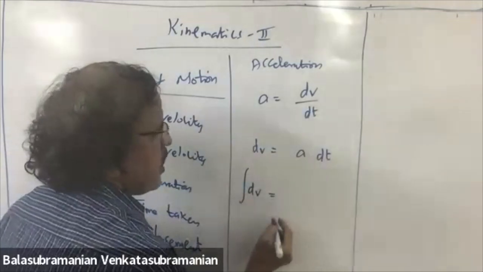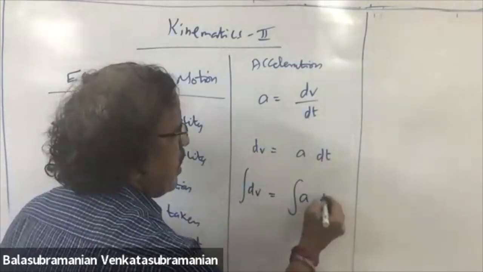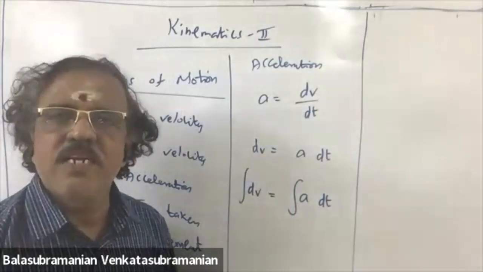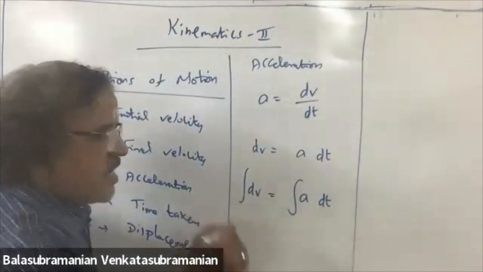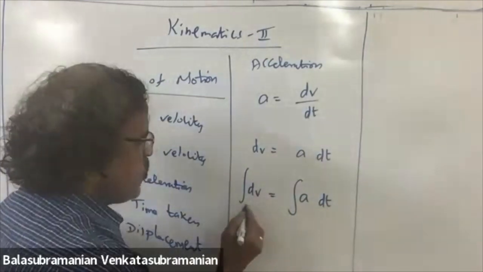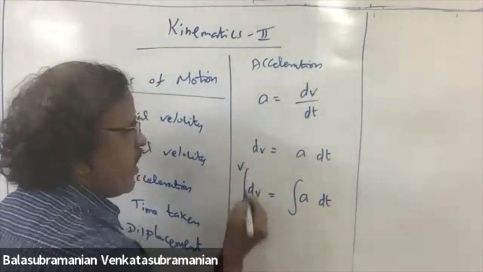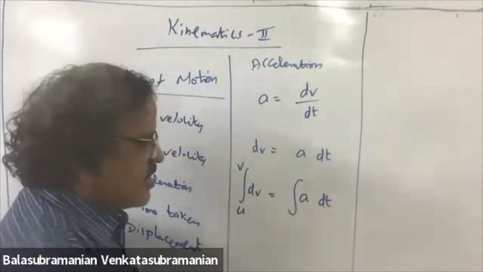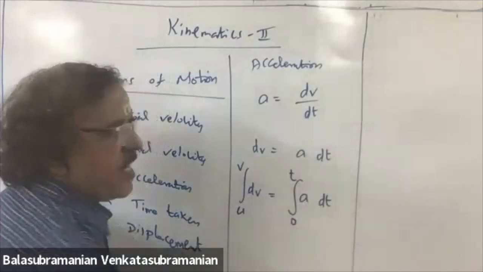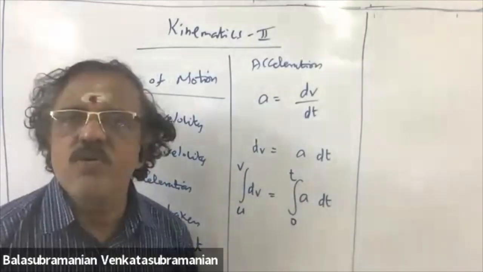Integral dv is equal to integral a into dt. Integration with limits. This is velocity, so initial velocity to final velocity. This is time. Initial time is 0, final time is t. 0 to t.